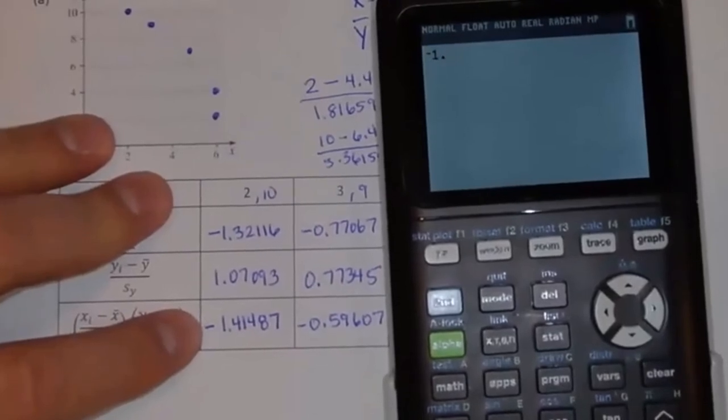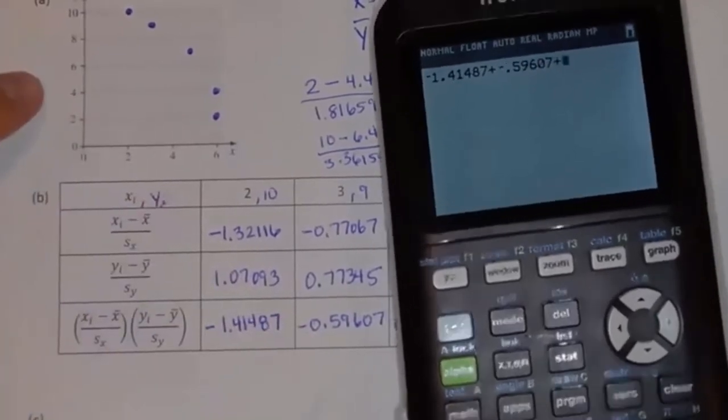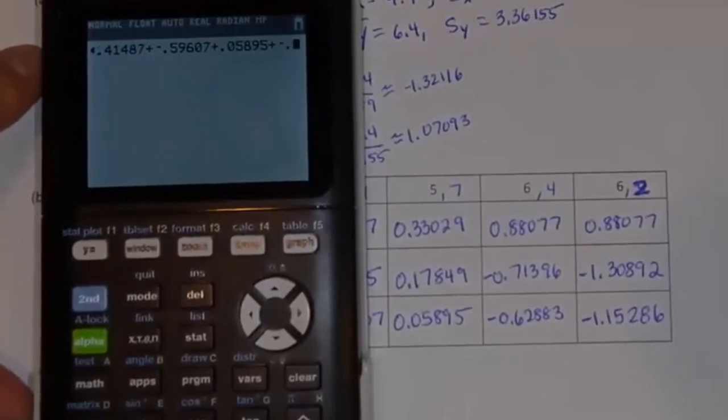Negative 1.41487 plus negative 0.59607 plus 0.05895 plus negative 0.62883 plus negative 1.15286.